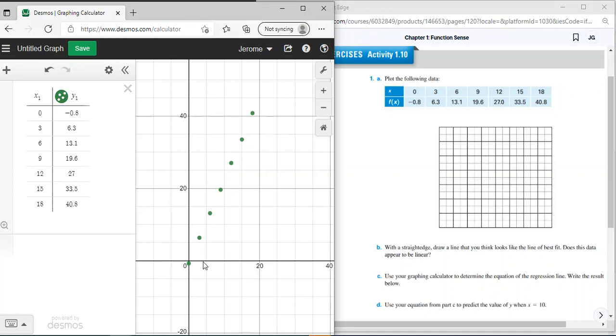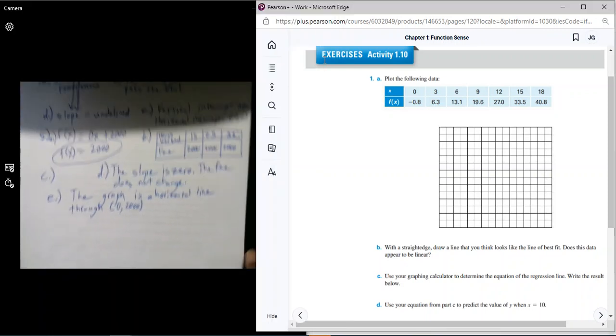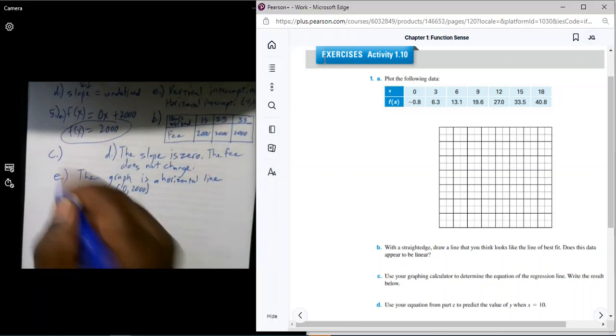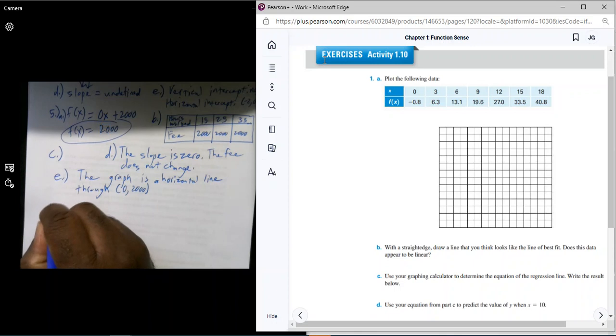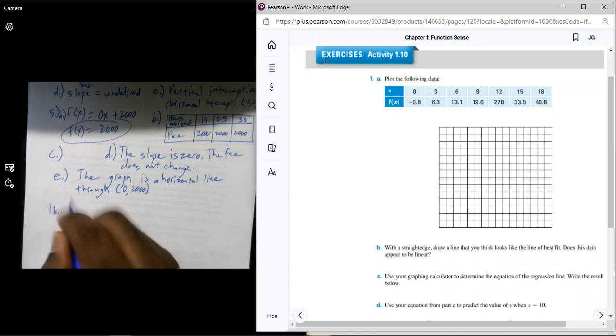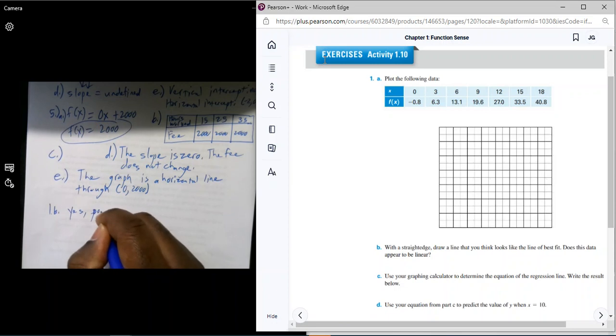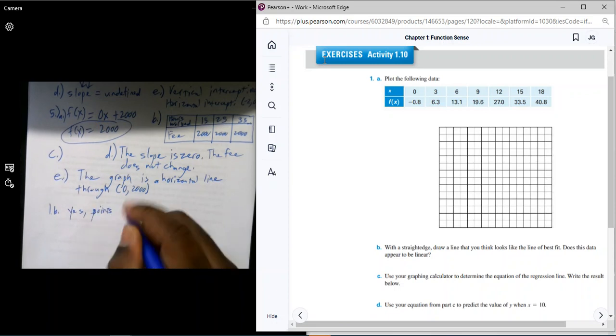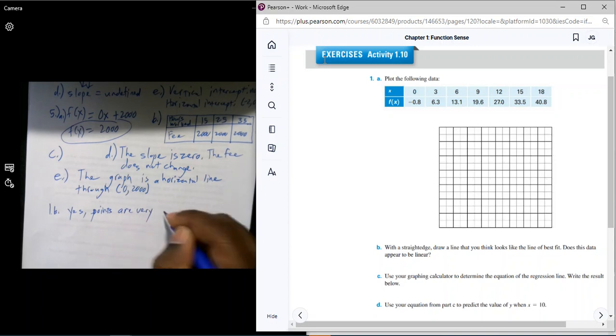It's just slightly off. So I would say yes, it appears to be linear. And you all could draw it with your ruler. So this would be 1B. And then I would say yes, the points are very close to a line.